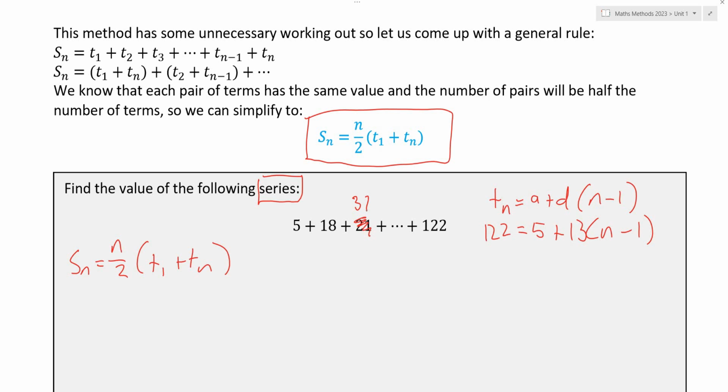So to rearrange, minus 5 off both sides. Minus 5, so we get 117 equals 13, bracket, n minus 1. I have no clue why this is happening today.